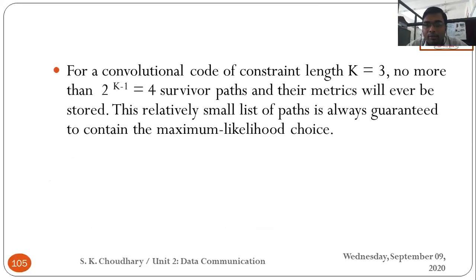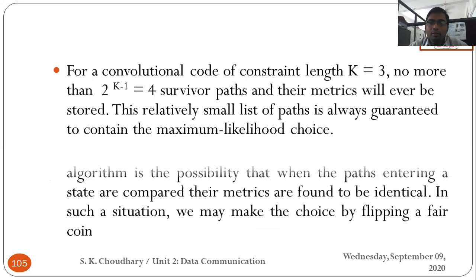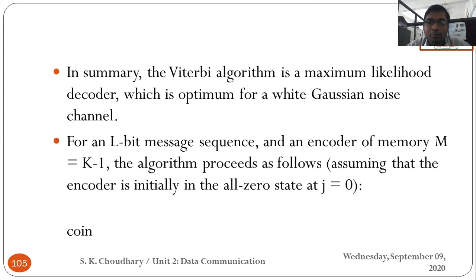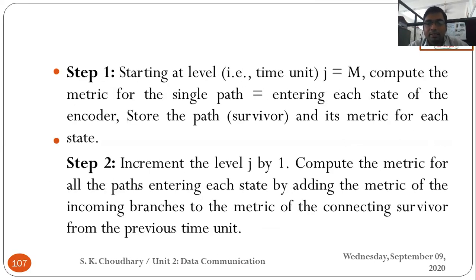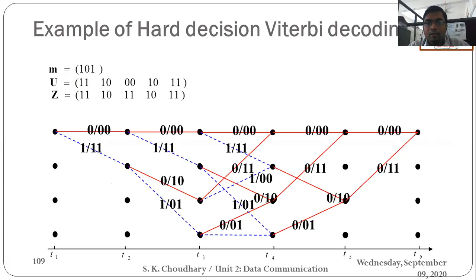And also I have defined the survivor paths, and the number of survivor paths is also defined from this formula. We have constraint length 3, so the formula is 2 to the power k minus 1. So we have 4 survivor paths. Okay, and for those 4 survivor paths we have to store the metric, and there are 3 steps that I have told you that you have to follow for implementing the Viterbi algorithm.